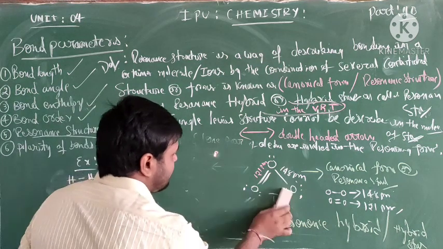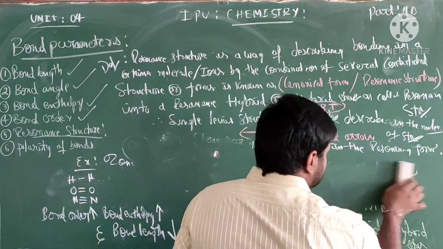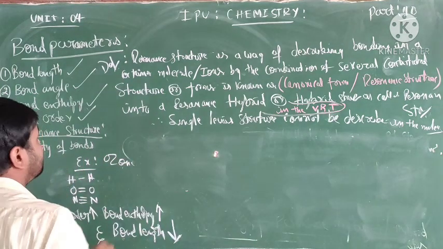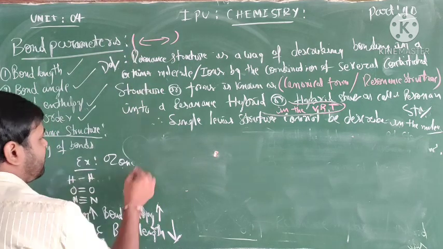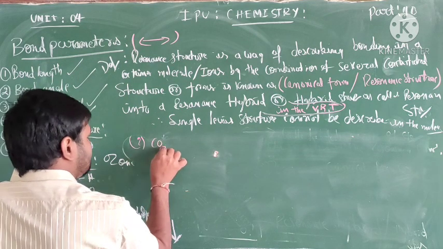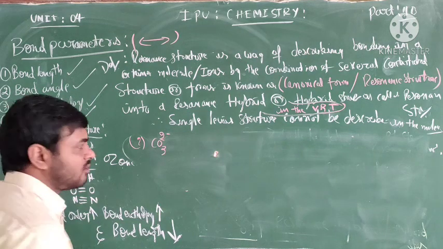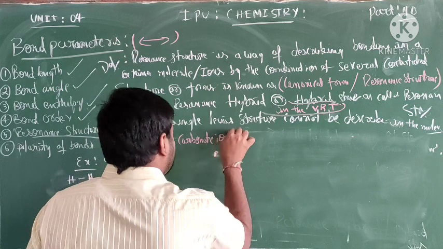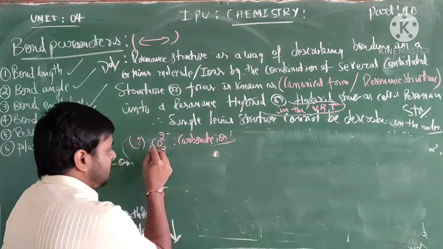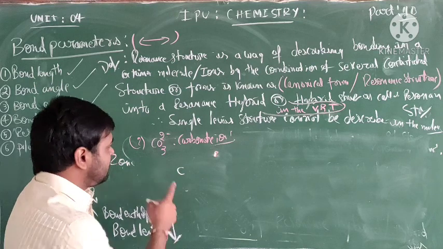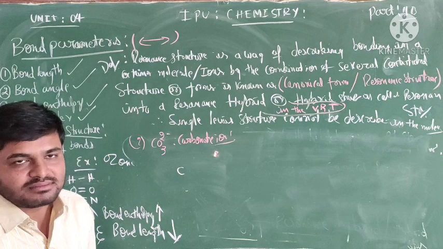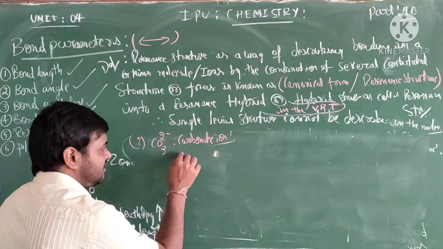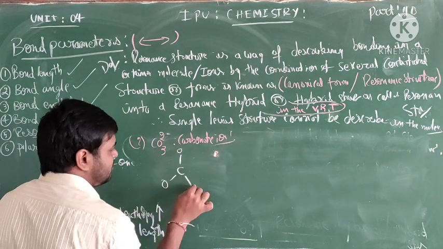Okay, one more example is the carbonate ion. We take the carbonate ion, CO3 minus 2, carbonate. So carbon is the central atom, and the 3 oxygen atoms are in the triangular corner positions.